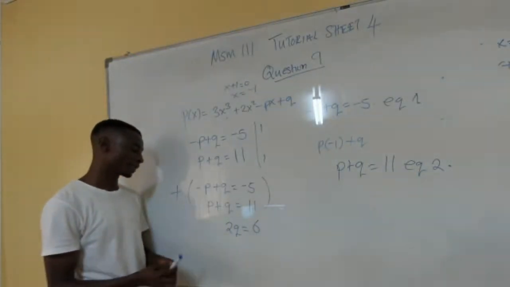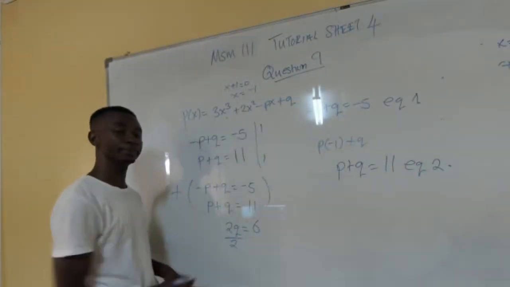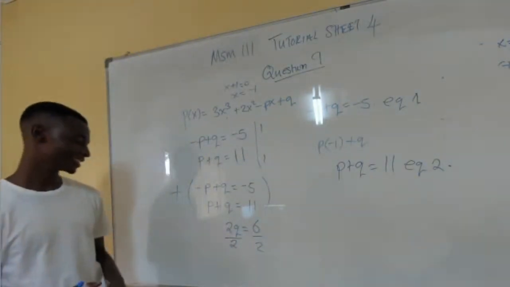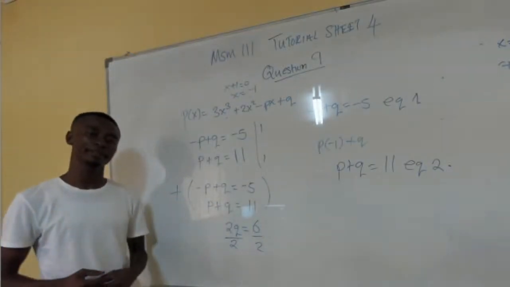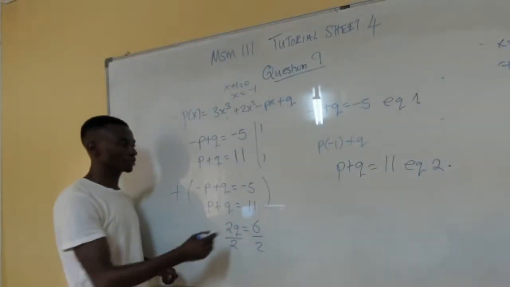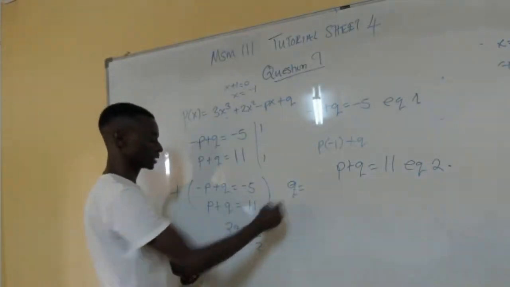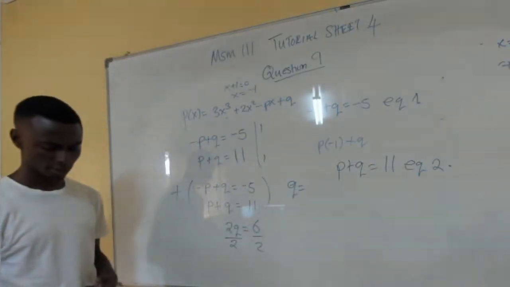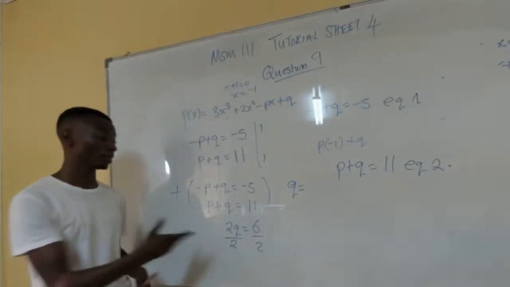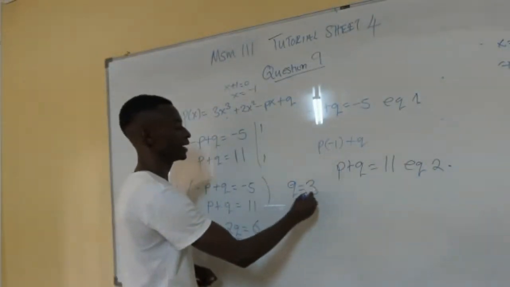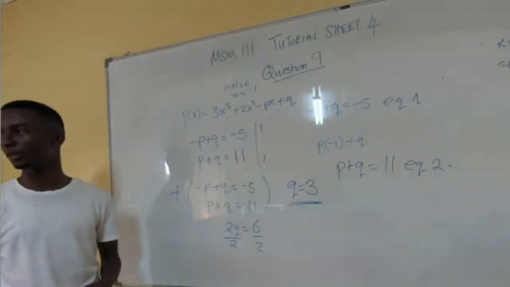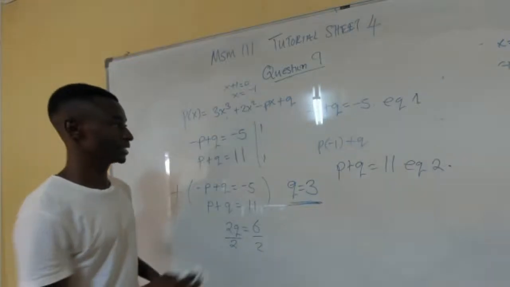So over 2 here, and over 2 there. Then 2 into 2 is 1, so this side you remain with Q. So Q is equal to, 2 can go into 6 how many times? 3. So the value of Q is 3. Let's proceed.